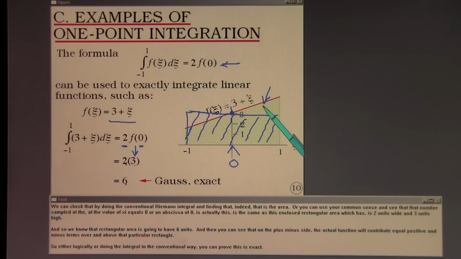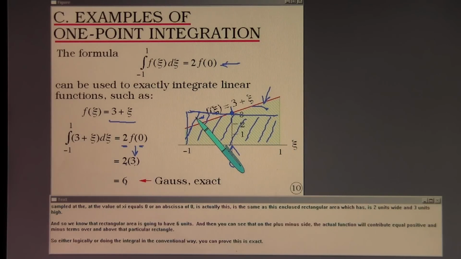And then you can see that on the plus minus side the actual function will contribute equal positive and minus terms over and above that particular rectangle.